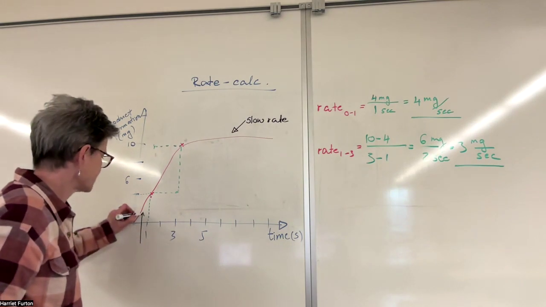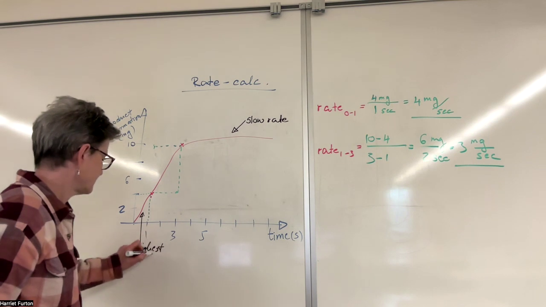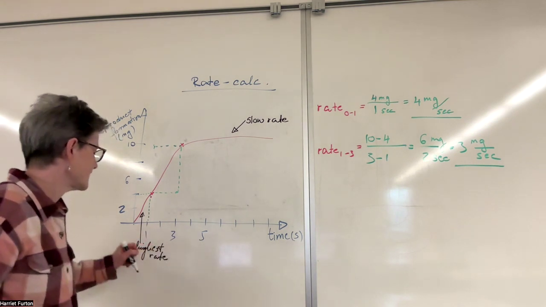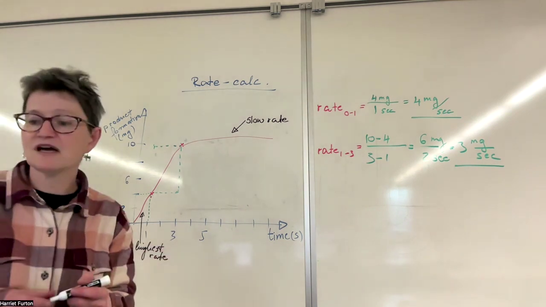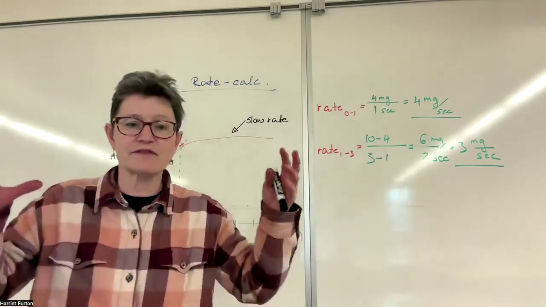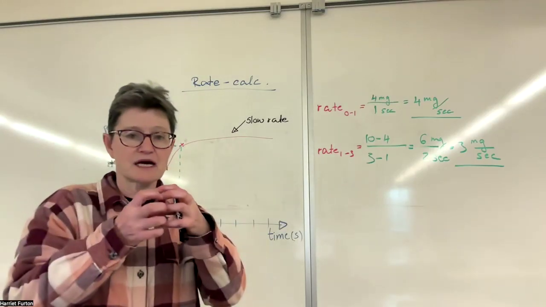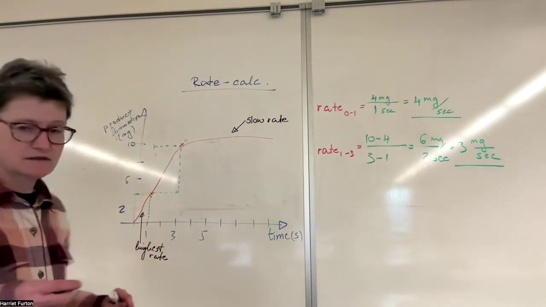This is the highest rate. The highest rate is here. Why is that? Because we have tons of substrates and tons of enzymes, so they pretty much bind each other and form the product.